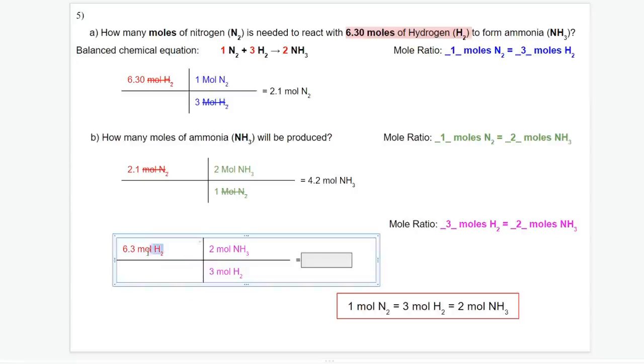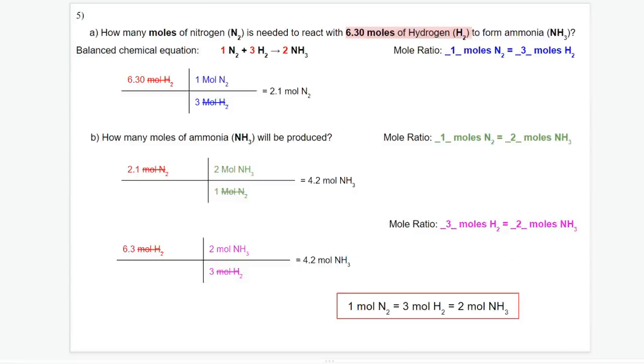So my given unit is still being canceled out by that bottom unit since it's now moles of H2. I'm still being left with moles of NH3. So now I plug this into my calculator. 6.3 times 2. And then I'm going to divide the whole thing by 3. And I should get that same answer of 4.2 moles of ammonia.